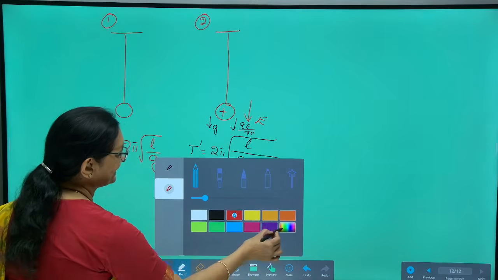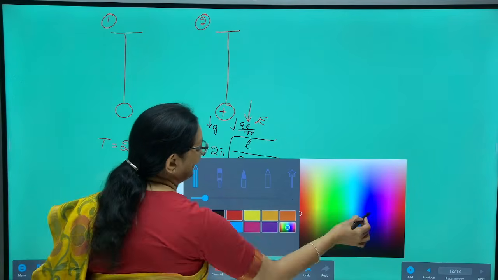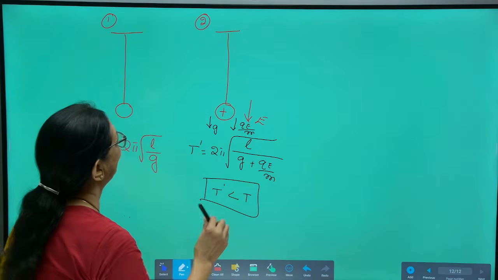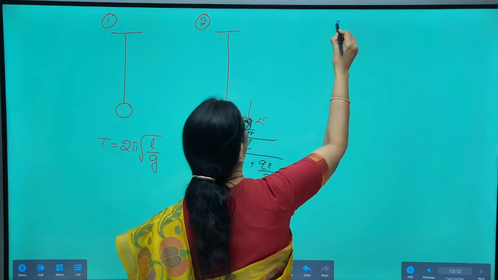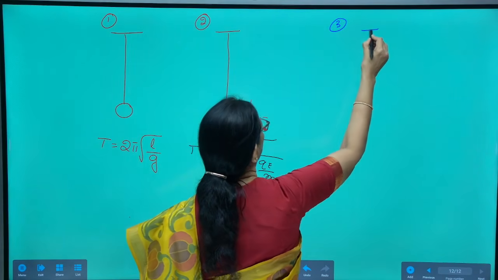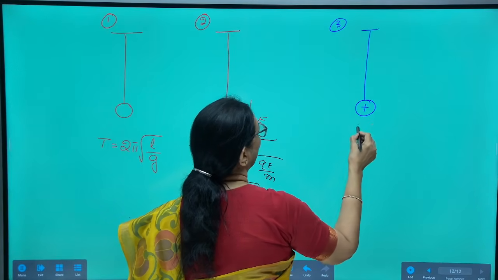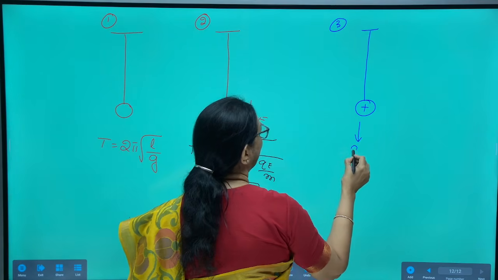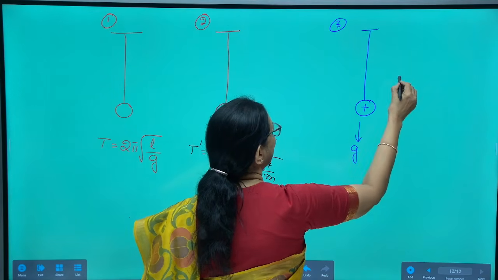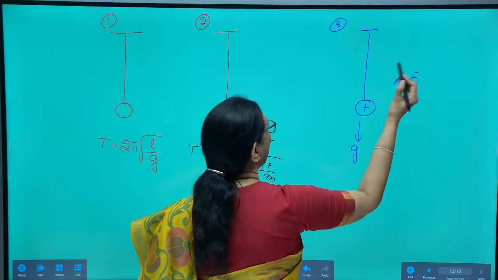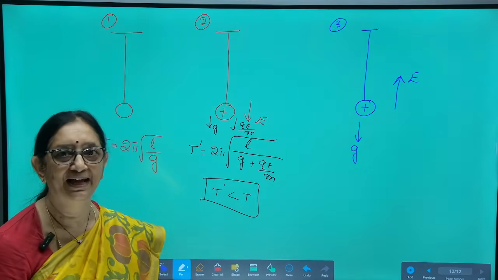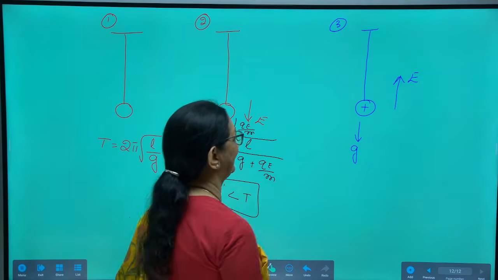Now, let us see the third case. Look here, you have to answer me properly. This is a simple pendulum with a charged bob. So, g acts in the downward direction. It is oscillating in a uniform electric field acting in the upward direction.